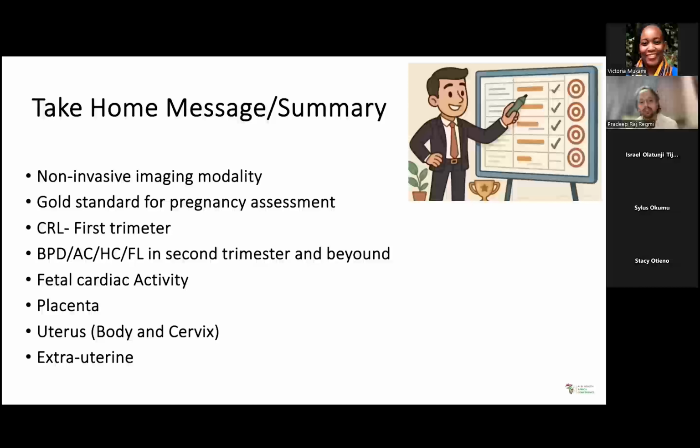And uterus, like cervix, and the presentation of the fetus and placental location are also quite important. So these are the clinically relevant information that we radiologists can provide to the obstetrician. So this is the summary of this first lecture today that I have given you. Any questions are highly welcome.